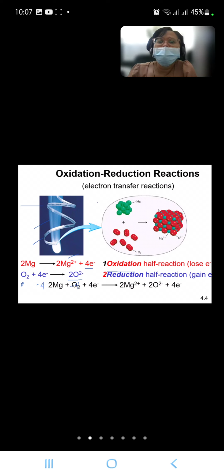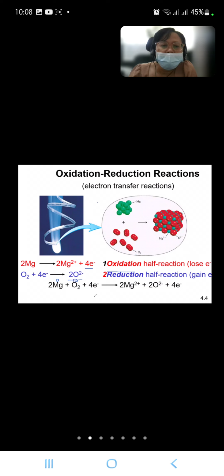So this is the reaction between magnesium and oxygen: 2 moles of magnesium react with 1 mole of oxygen gas to yield a product. Here, this is the redox reaction. The charge here is 0, so 2 times 0 is 0, then this is 0.